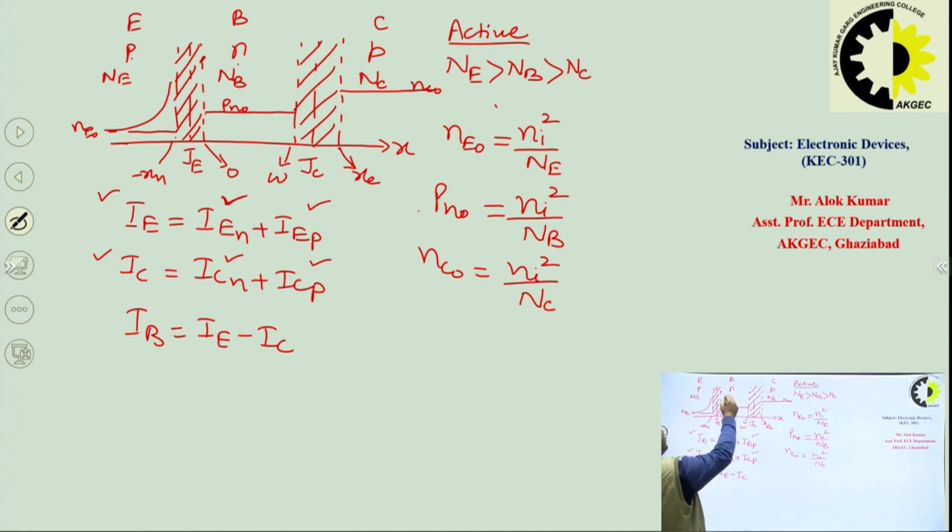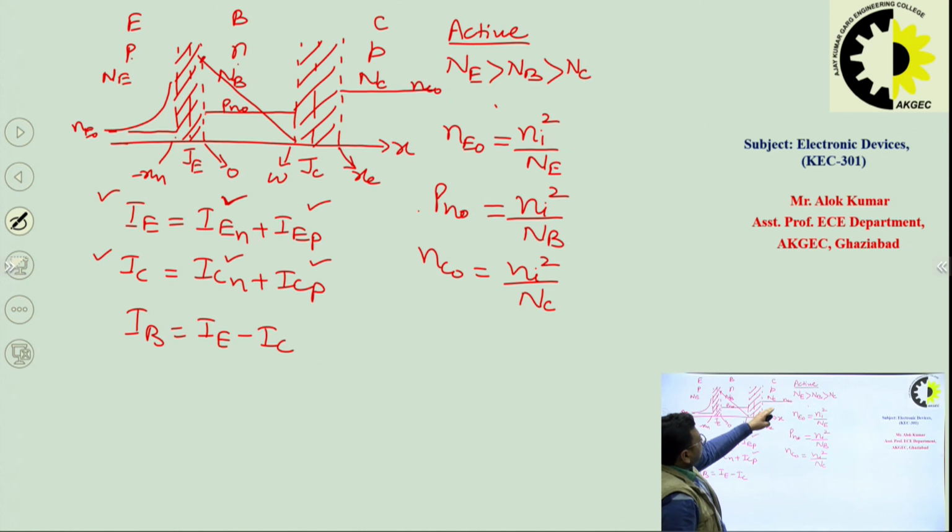So hole concentration will be higher here, and as we are going deep into the base, because we are taking base width very low, there will be very less recombination in this base region, and maximum holes will pass to the collector, right? So that means as we go deep into the base, this hole concentration will decrease linearly, and it will be 0 at x equal to W, right?